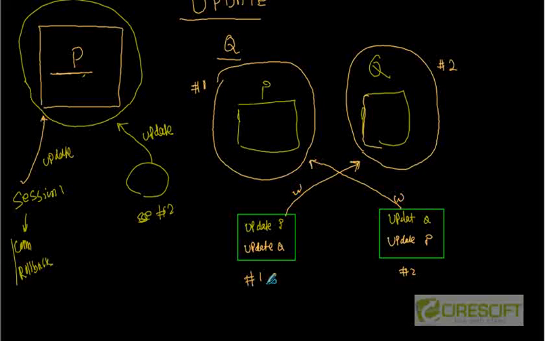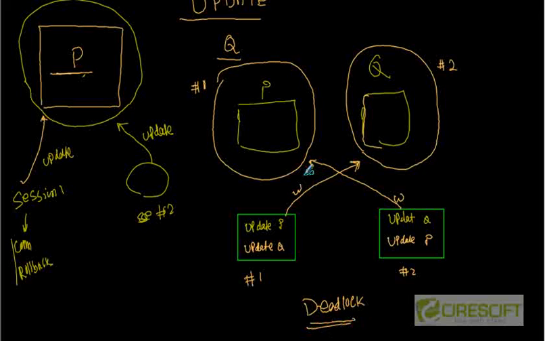Now what is essentially happening is session 1 is blocked on a lock held by session number 2, and session number 2 is blocked on a lock held by session number 1, and this is called a deadlock.